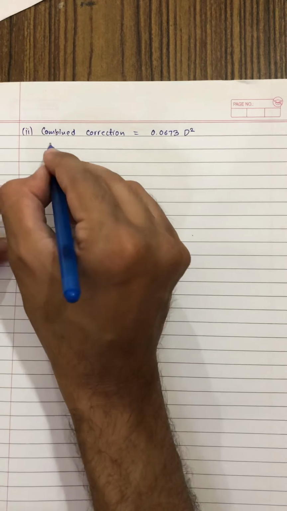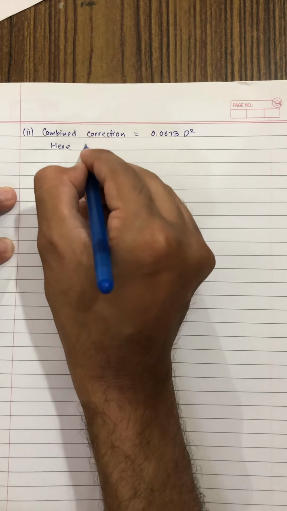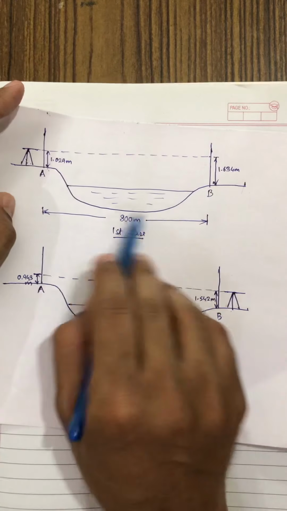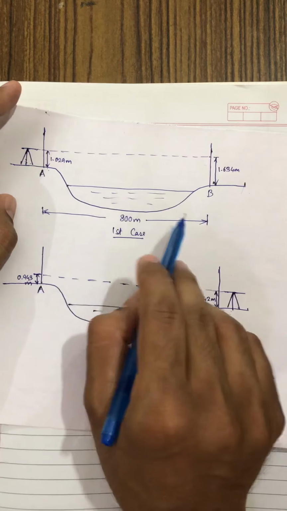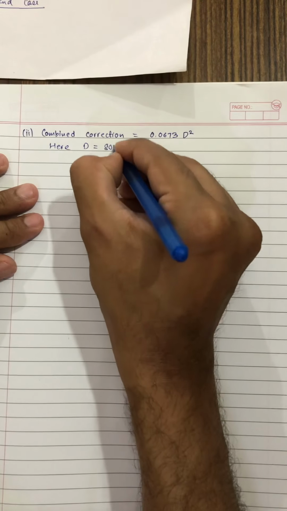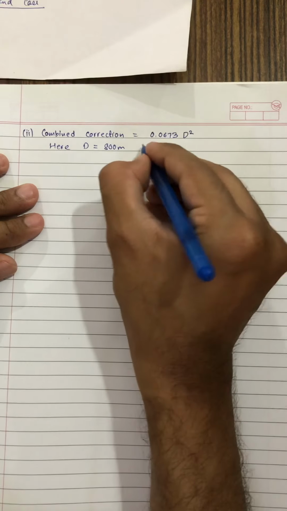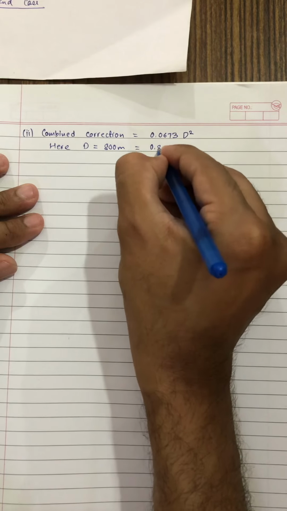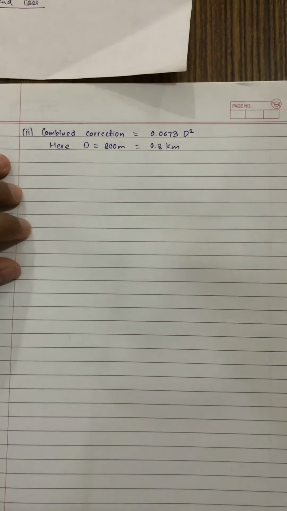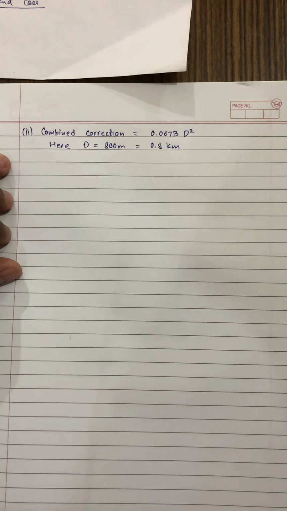Here the distance AB is given as 800 meters, so d is equal to 800 meter. But we have to substitute it in kilometers. Hence this will be 0.8 kilometers.